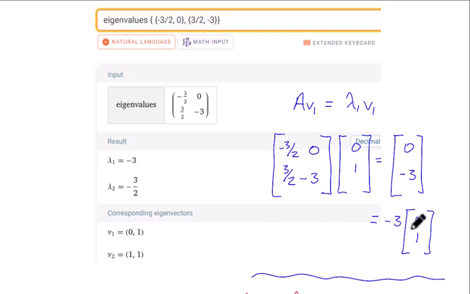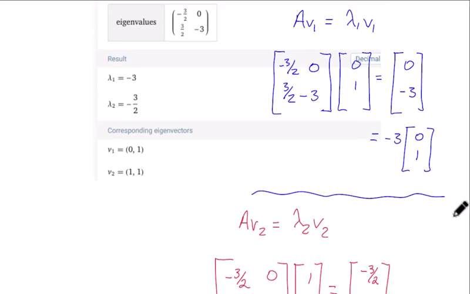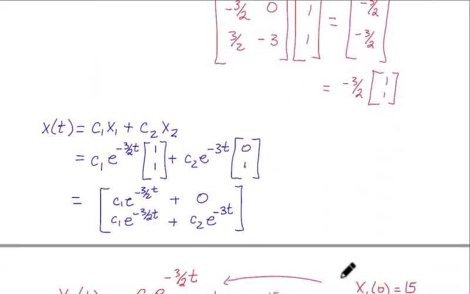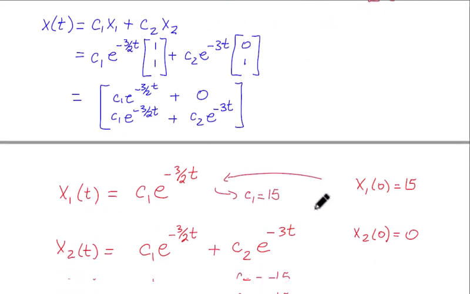It'd be pointing in the opposite direction of where it started, directly opposite. If I take A times V2, I get this, but that's just minus 3 halves times 1, 1. So that's what my solution would look like.